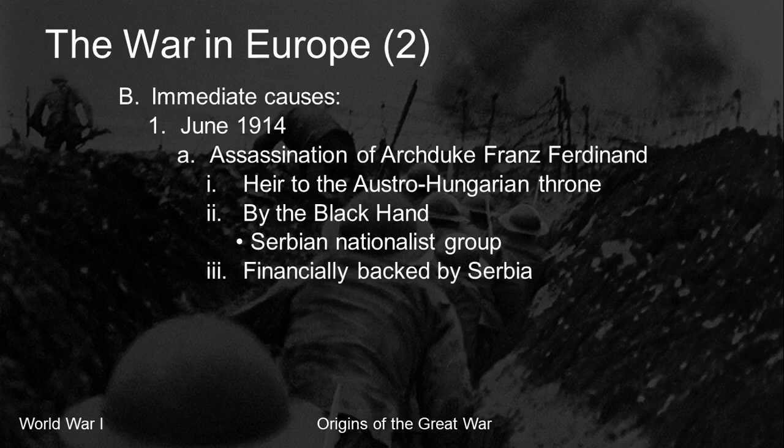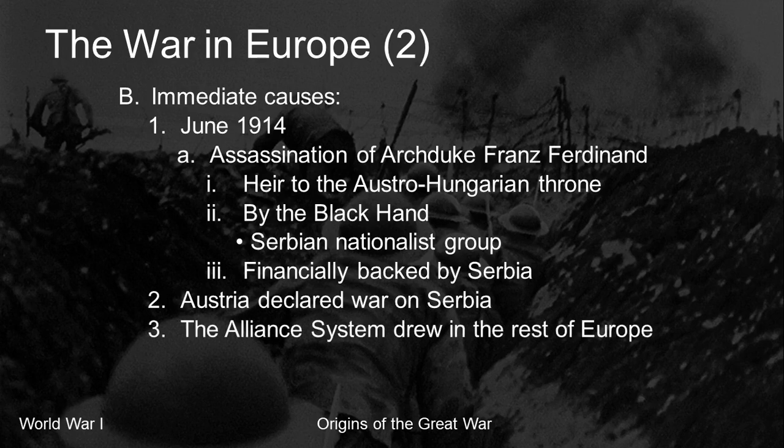And so you had the nation of Serbia providing funds to a terrorist organization who just killed the heir to the Austrian throne. And so, after about a month, when Serbia did not satisfy their demands, Austria declared war on Serbia.